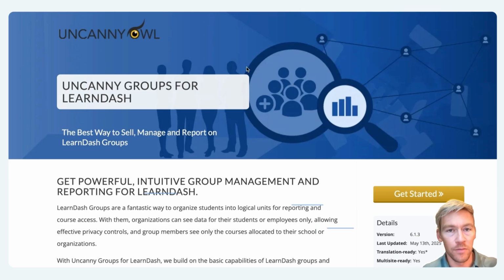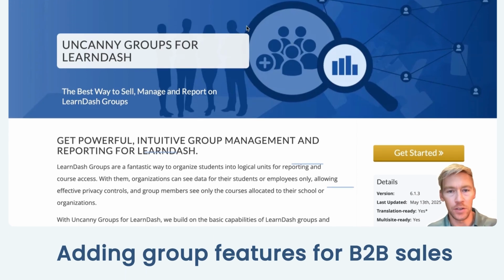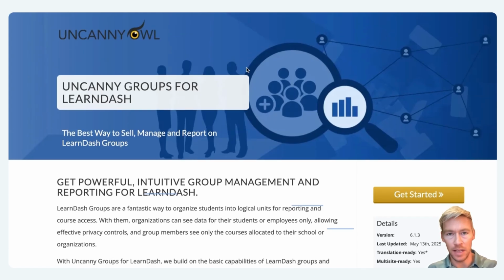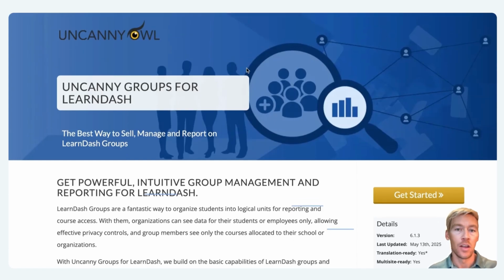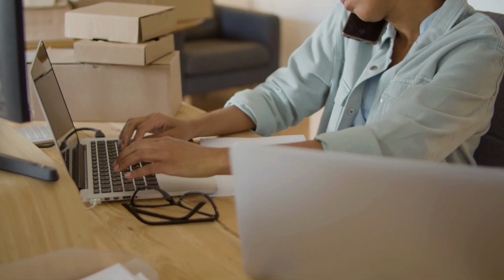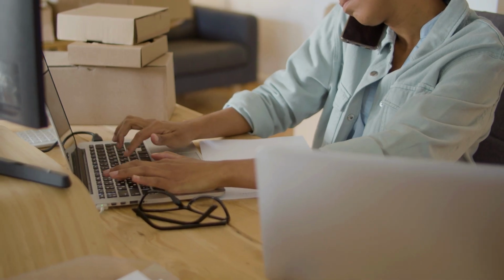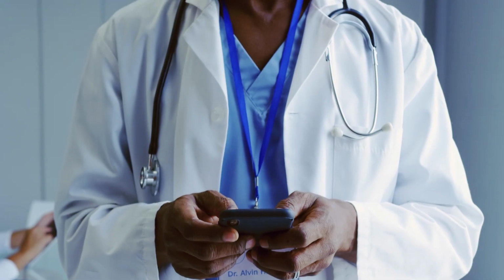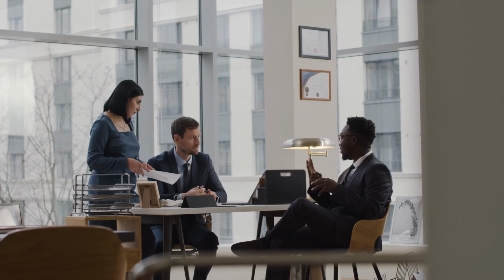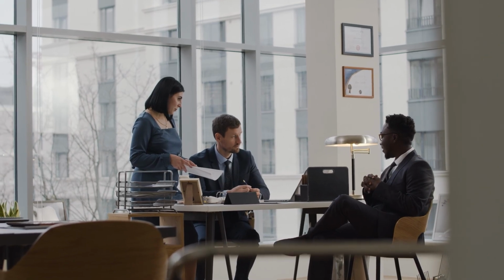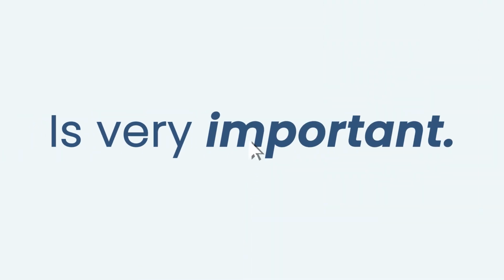Another really important feature of scaling up your continuing education site is adding group features for B2B sales. As you grow a continuing education company, you start with selling a continuing education offering to one person, but sometimes an entire organization, whether that be a hospital or a firm, wants continuing education for all of their employees. So being able to do this is very important.